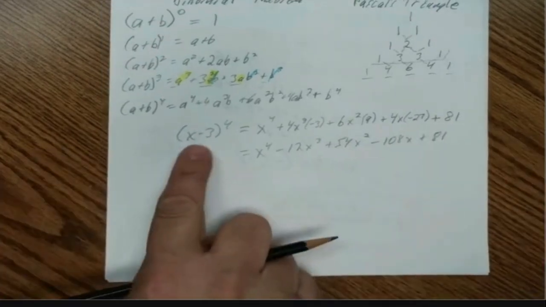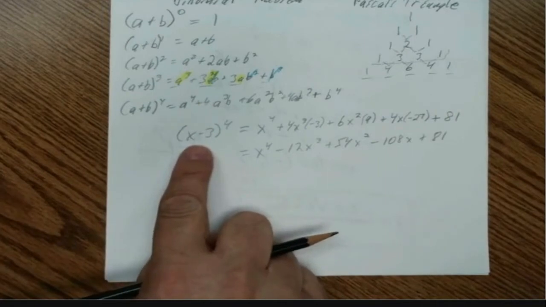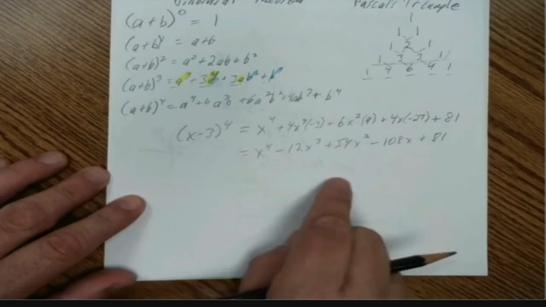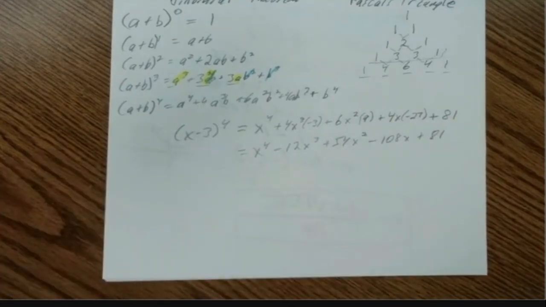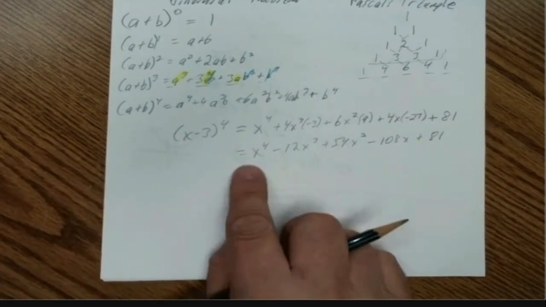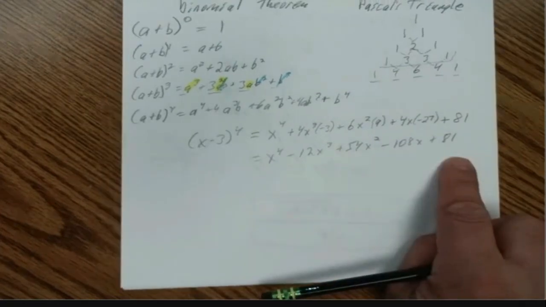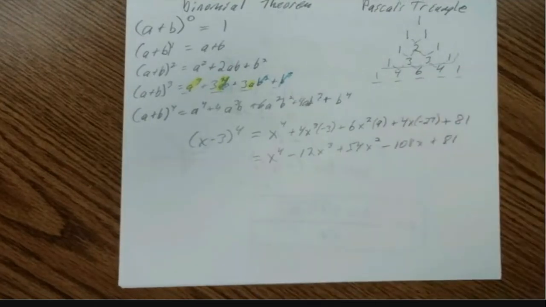So Pascal's triangle is a shortcut for us to do x minus 3 to the fourth power. Instead of writing x minus 3 four times and doing all the distributing and multiplying everything times each other, and eventually, after several lines of math, we would get to this, we can just jump straight to this, knowing Pascal's triangle. It's a pretty cool thing.